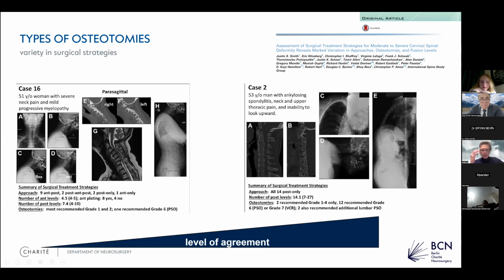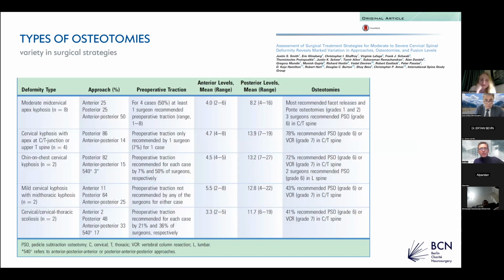But if you're wondering what osteotomy you should use, and if you're going into discussion, always be aware that even among the deformity experts, there's never a high level of agreement in many cases. So you're not alone if you wonder what kind of approach and what kind of osteotomy you should use. It's more important that you feel familiar with what you do. This is just the add-on of the paper, describing the deformity type and the level of agreement among the surgeons, and the level of agreement was never very good.